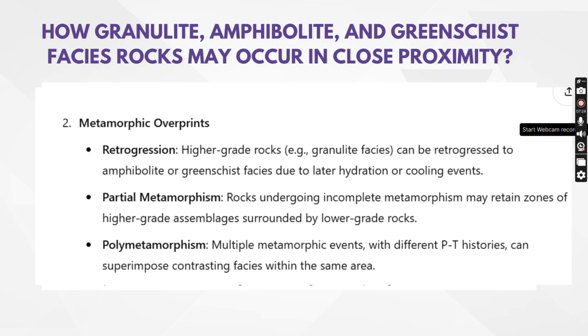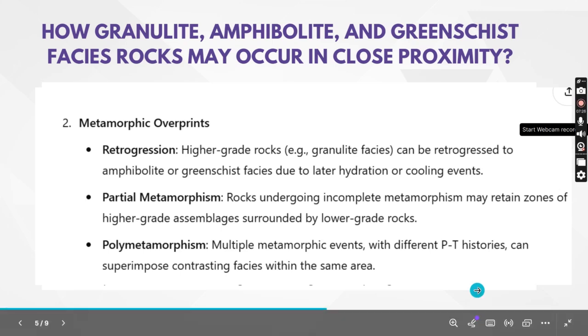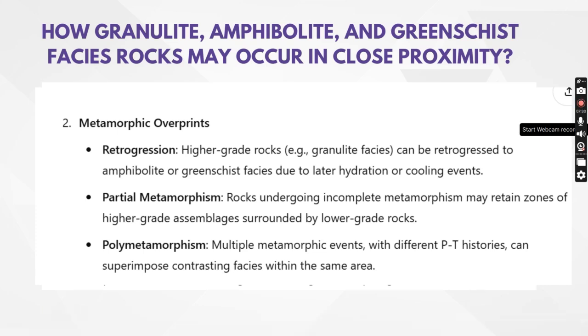Other than that, metamorphic overprints like retrogression often happen. Higher grade rocks like granulite can be retrogressed to amphibolite or greenschist facies due to later hydration or cooling events. But that time it will not occur together throughout. A patchy occurrence will take place because the retrograde reaction rate is relatively lower than the prograde reaction rate.